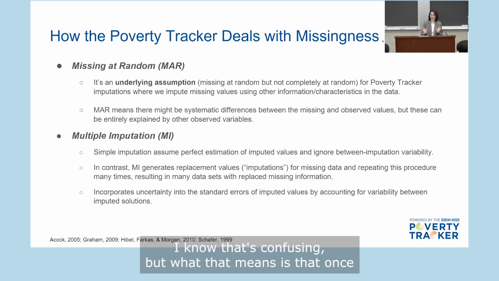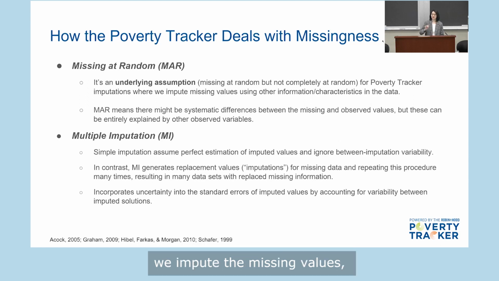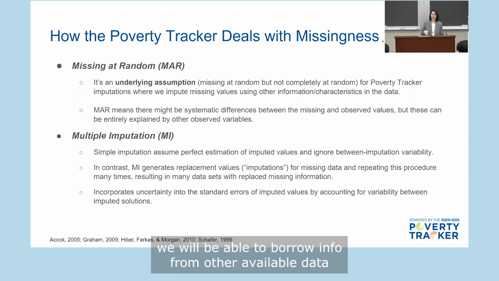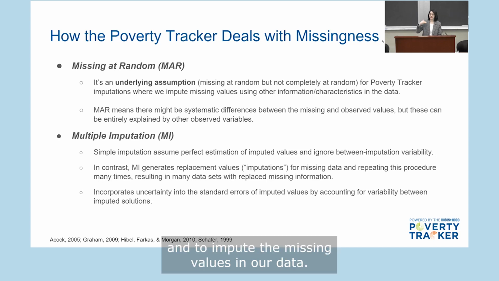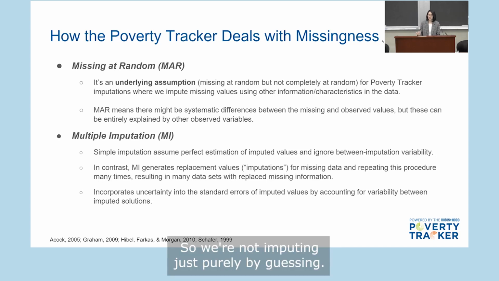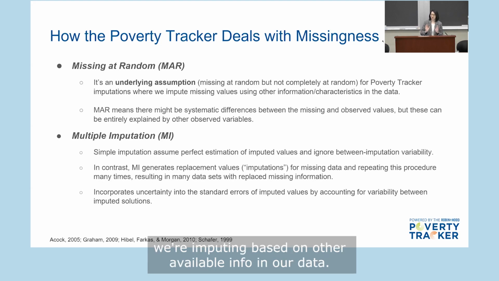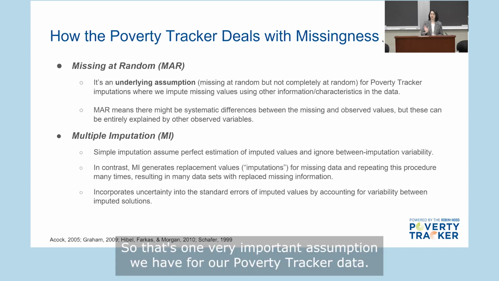I know that's confusing, but what it means is that when we impute the missing values, we are able to borrow information from other available data or characteristics from our own variables. So we're not imputing purely by guessing; we're imputing based on other available information in our data. That's one very important assumption we have for the Poverty Tracker data.